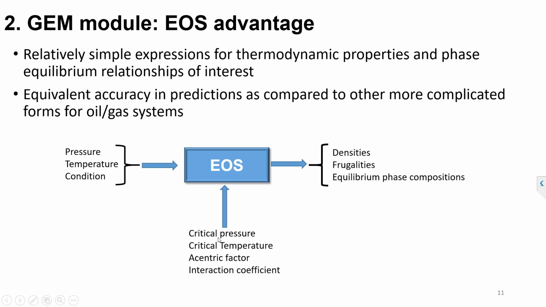So the parameters, of course, the pressure, temperature, and conditions at a time step should be considered during the simulation. That's all for the introduction about the functions of CMG GEM and the advantages of EOS. We will continue to introduce some basic functions of EOS in the next video, and see you on the next one.